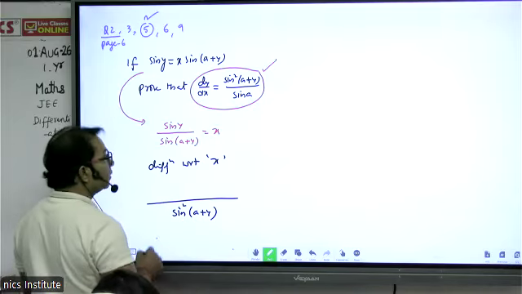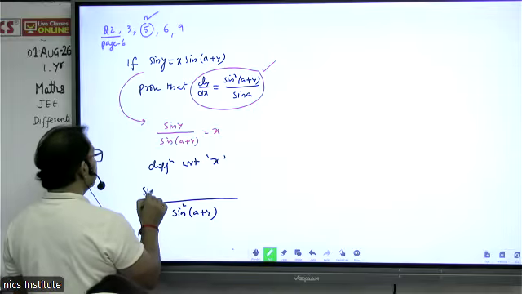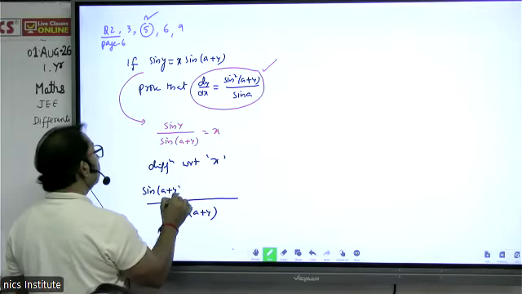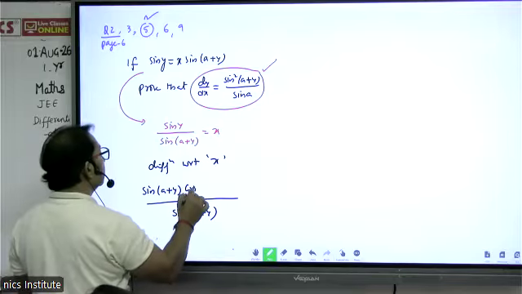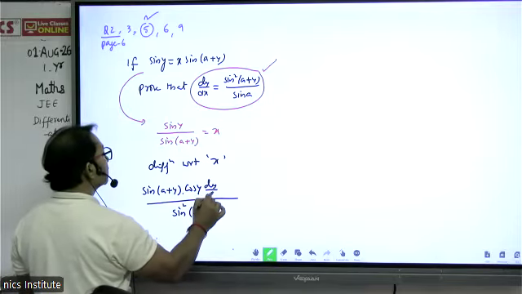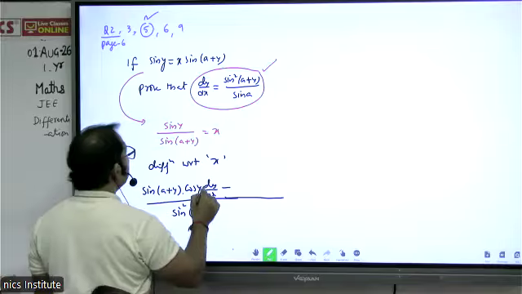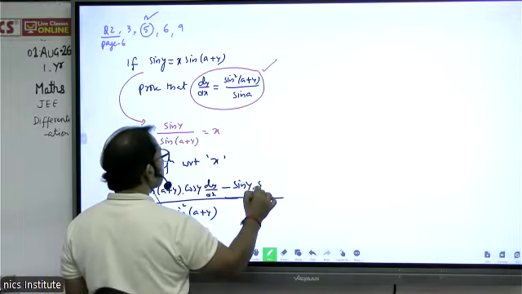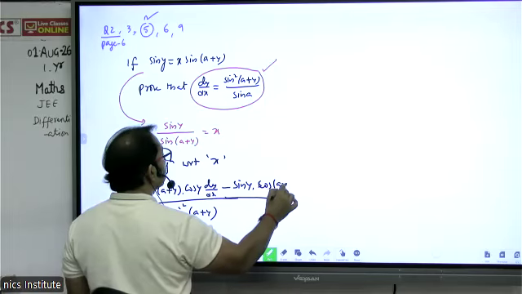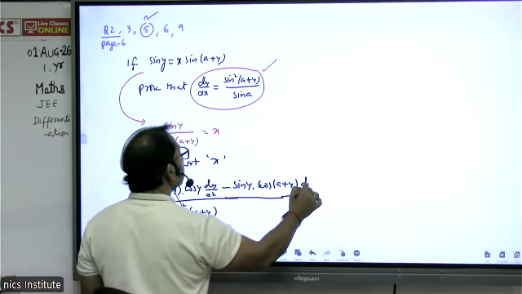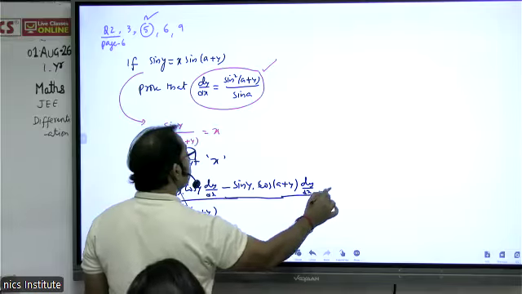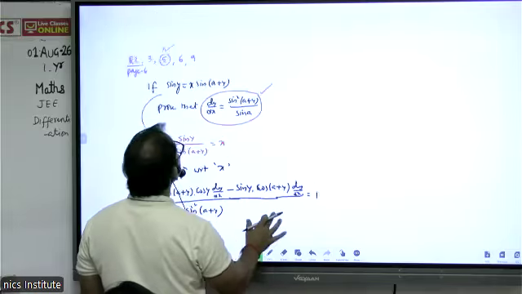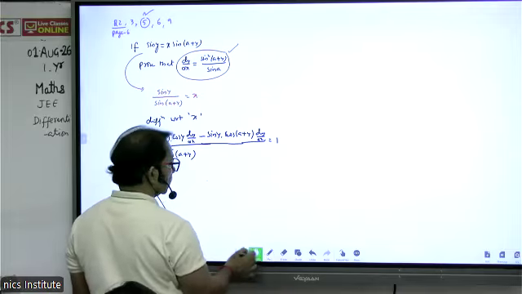Left side you apply quotient rule: sin(a + y) as it is, derivative of sin y which would be cos y dy by dx. Then minus sign, numerator as it is, derivative of denominator, which is sin(a + y). The derivative would be this into dy by dx. Right side would be 1, and you get your answer. So that is the short method.